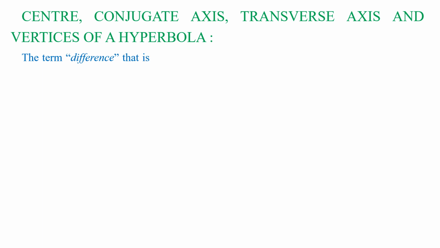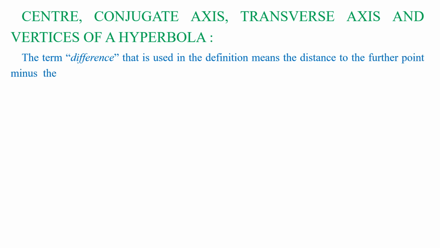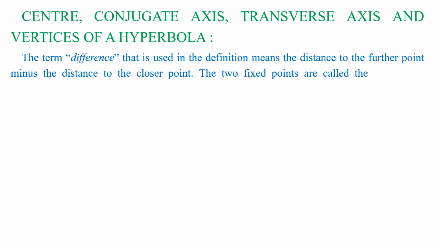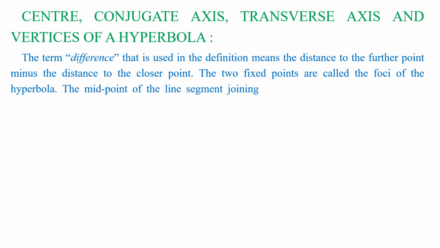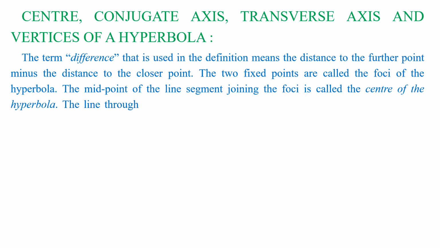The term difference that is used in the definition means the distance to the further point minus the distance to the closer point. The two fixed points are called the foci of the hyperbola. The midpoint of the line segment joining the foci is called the center of the hyperbola.